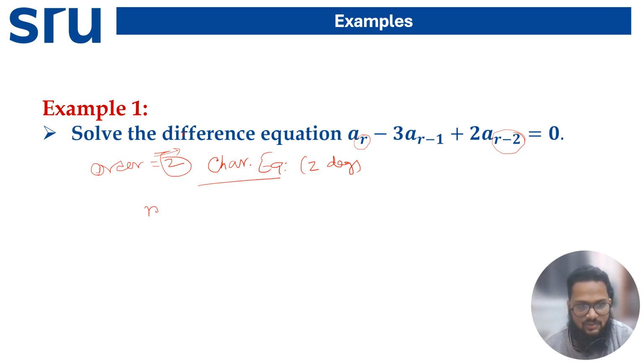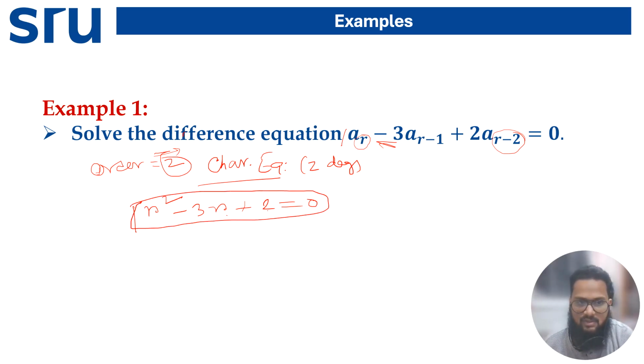So r square minus 3r plus 2 equal to 0, the coefficients here being 1, minus 3, 2. So finally you are getting the characteristic equation, r square minus 3r plus 2 equal to 0. Now this is a second degree equation.